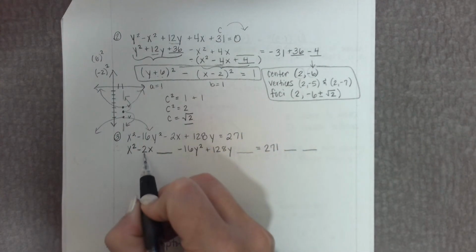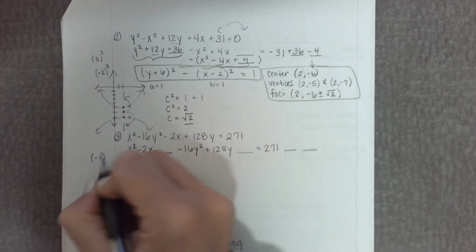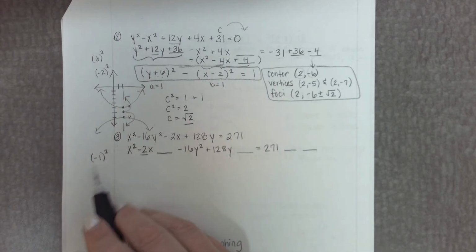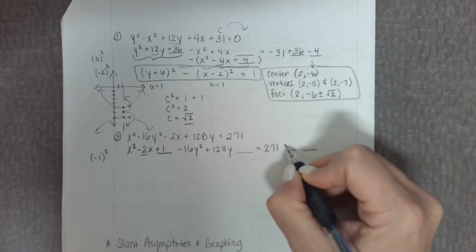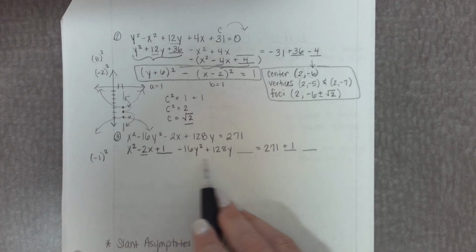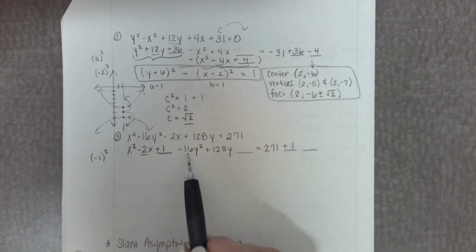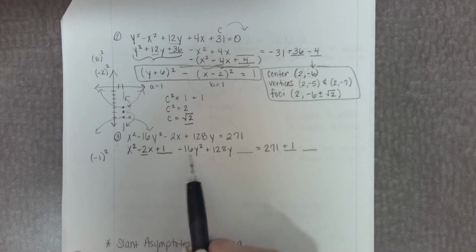All right, so I come over here and I take half of this term. Half of negative 2 is negative 1, and I'm going to square that. When you square negative 1, you get positive 1, so I'm going to put plus 1 there, and then I'm going to balance the equation by putting a plus 1 over there. Okay, now when I complete the square on my y's, remember I can't complete the square until the leading coefficient on my squared term is a 1.